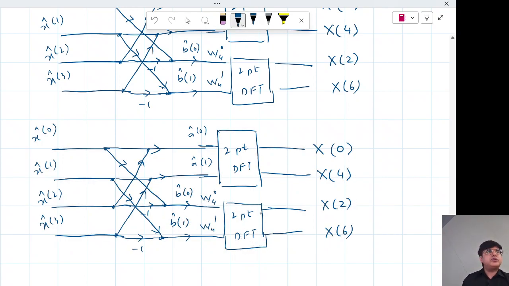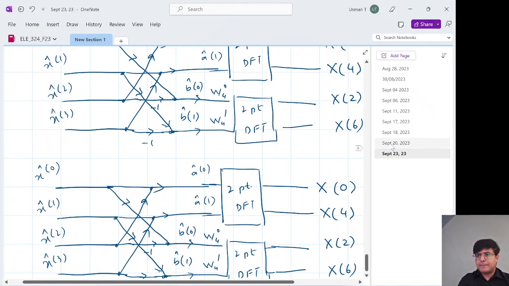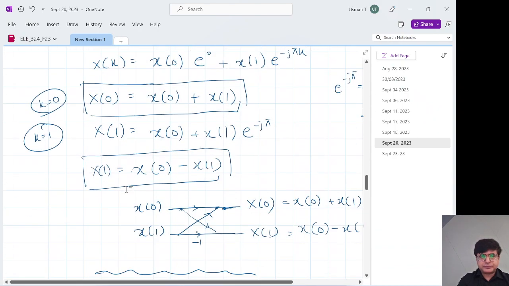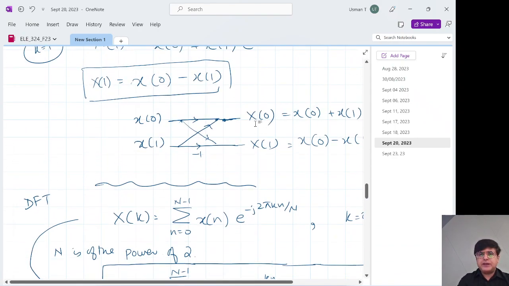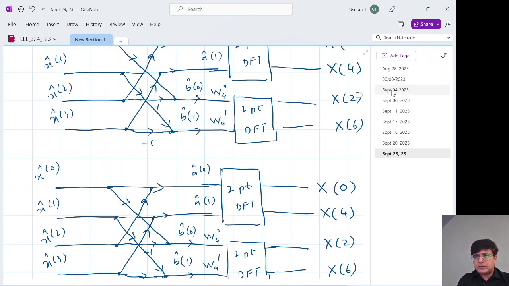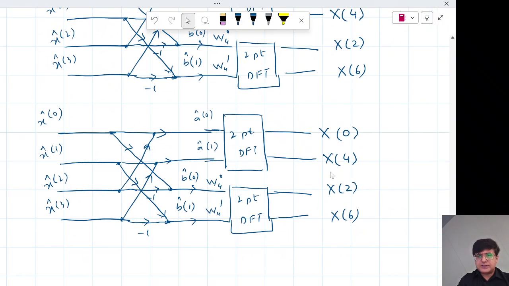A 2-point DFT, the first coefficient is just the addition of the two inputs, and the second one is just subtraction of the second one from the first one. That's it, right? So I can just replace this guy.